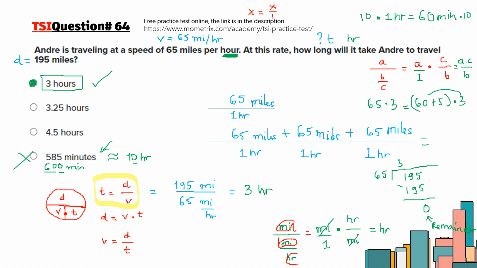So 60 times 3 is 180, and 3 times 5 is 15. Now you add up, and that will be 195 miles. And then the hours you add up: you have to ride 195 miles, and it's in 3 hours.